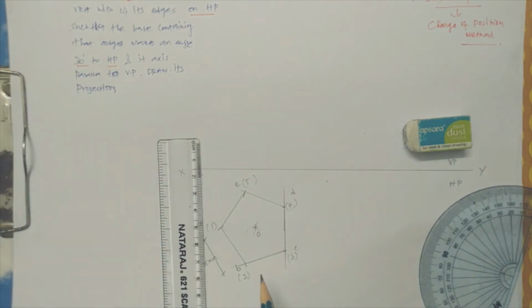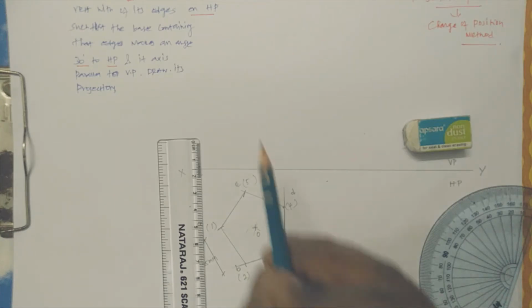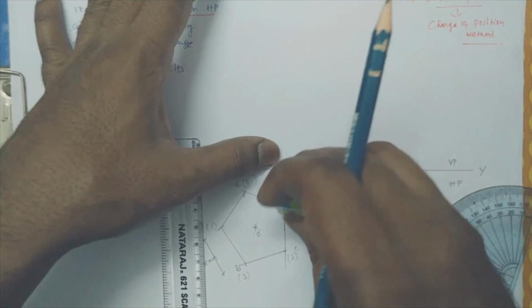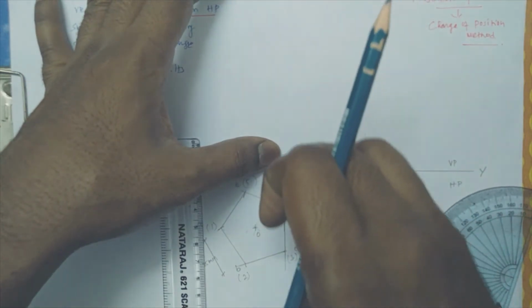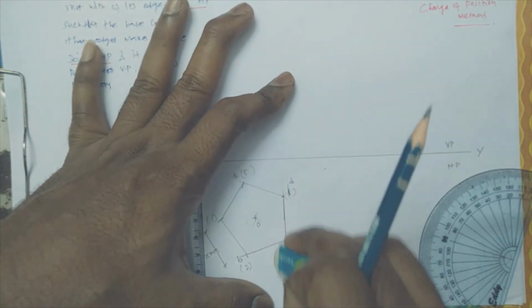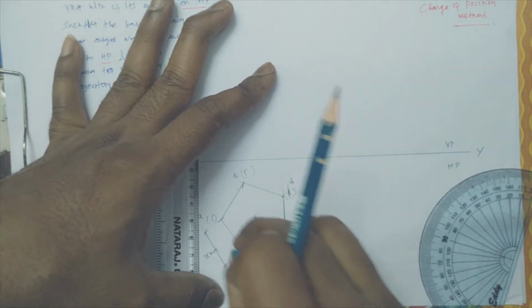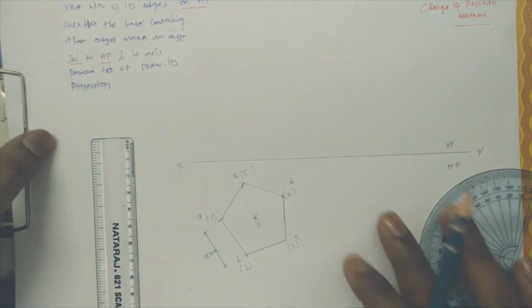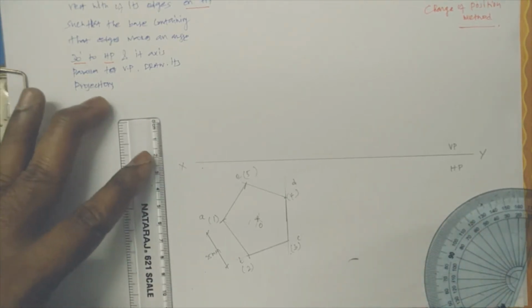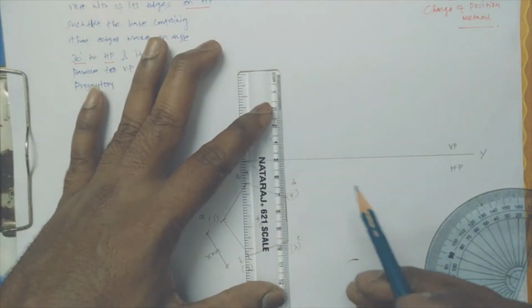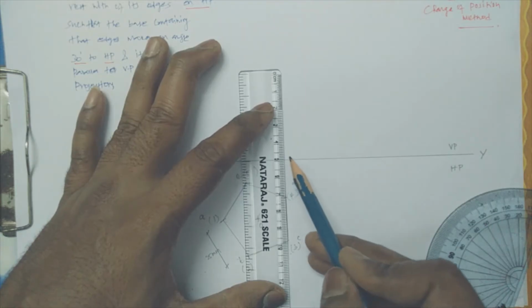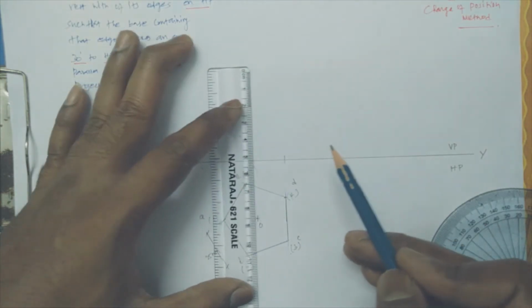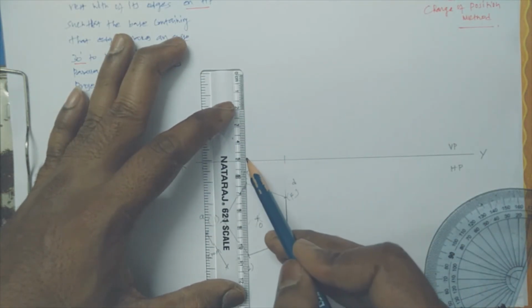Okay. So now in the horizontal plane you have made a pentagon. Let us go for a vertical plane. Before that, just erase these unwanted lines. For this, you just erect a vertical line that will give you the points in the vertical plane.